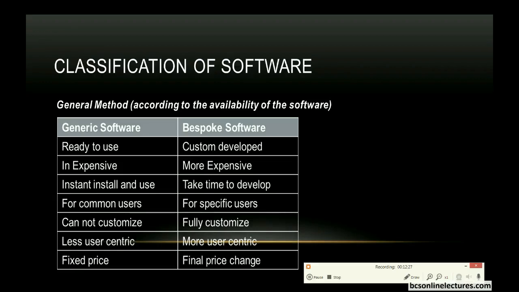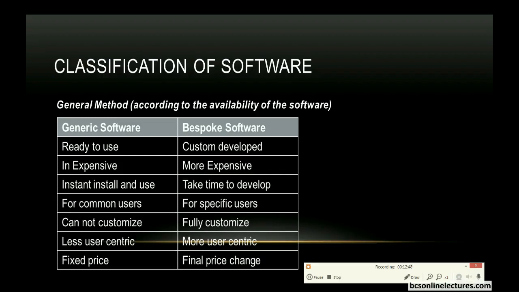Even you start with the development budget, during the development process, new additions can come. Therefore, the final price can change. So, these are the differences between generic software and bespoke software.